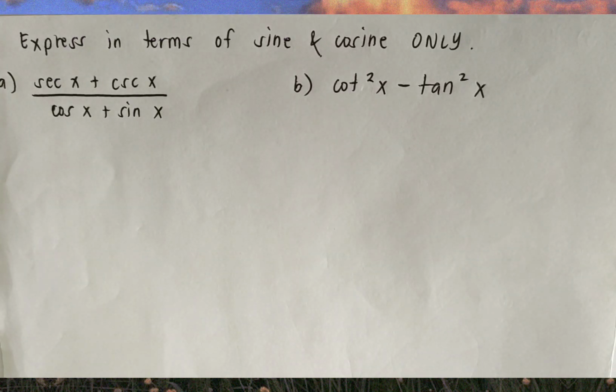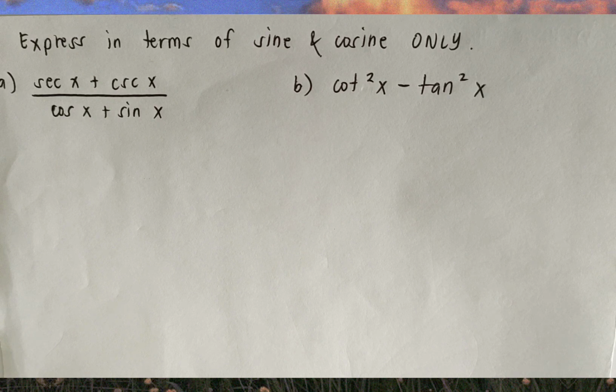Before we proceed to our second example, take note that we also use fundamental identities to simplify trigonometric expressions and write a trigonometric expression in terms of other trigonometric functions. Let's proceed with number 2.